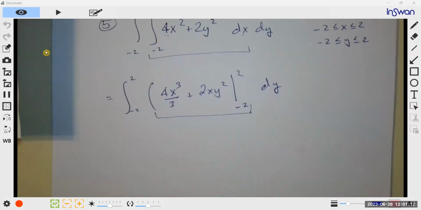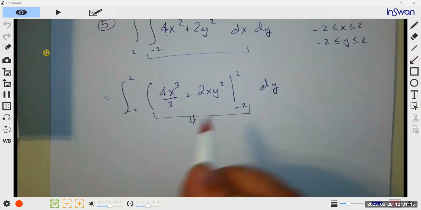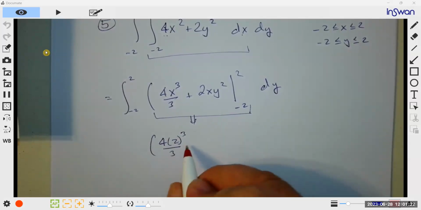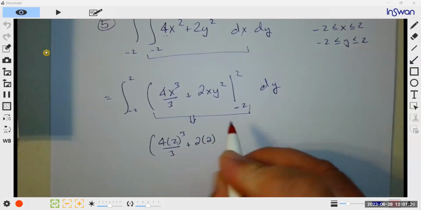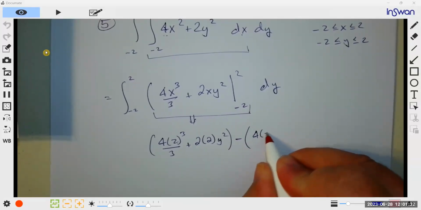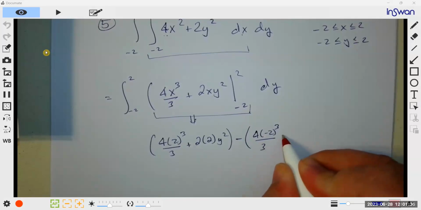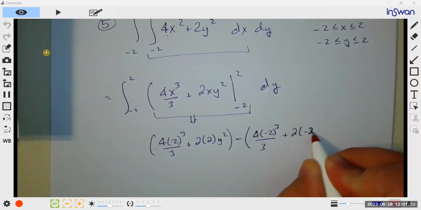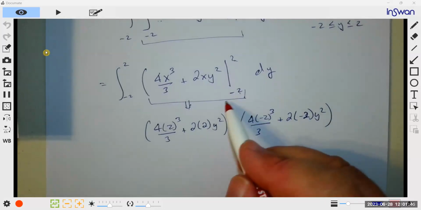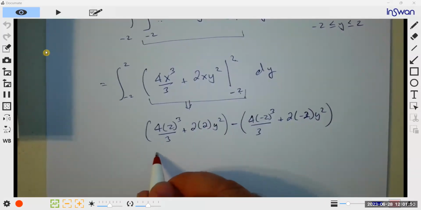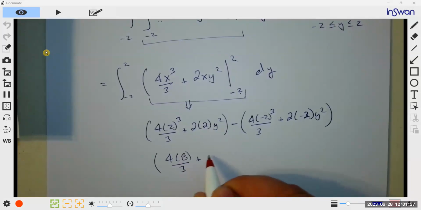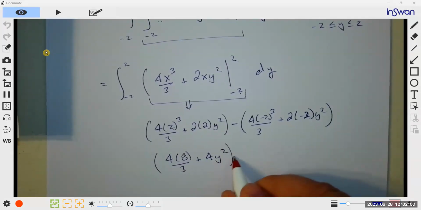So we have to find this value first. Four times 2 to the third over 3, plus 2 times 2 y squared, minus 4 times -2 cubed over 3 plus 2 times -2 y squared. 2 cubed is 8, so that's 32 over 3 plus 4y squared.